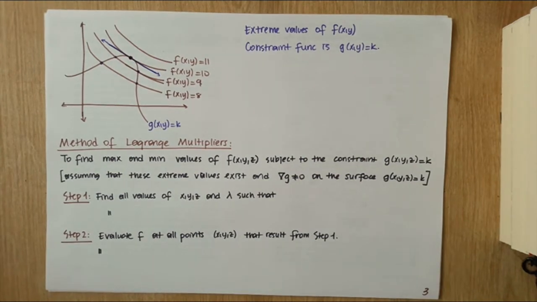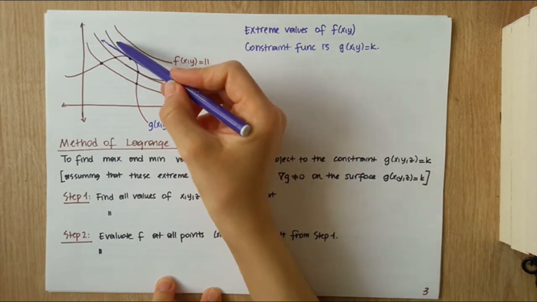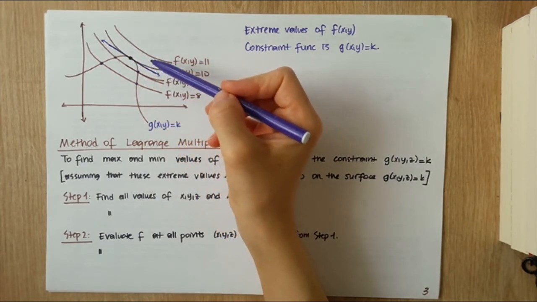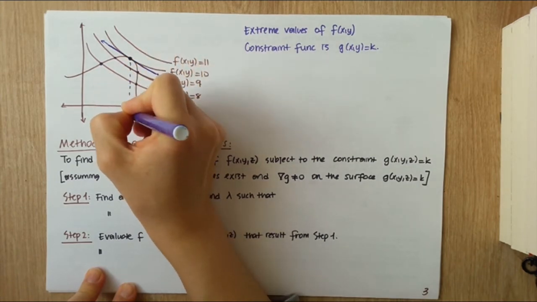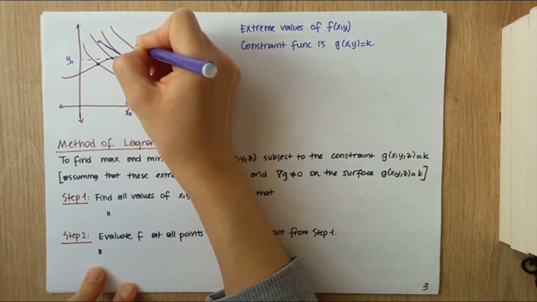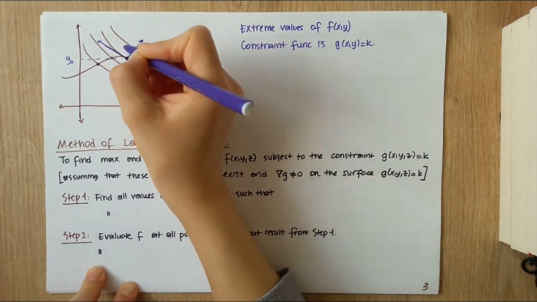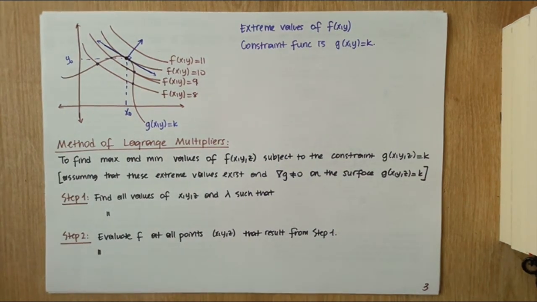Okay, so this means that because the tangent line is common here, if I call this point x0 and y0, the normal line at this point has the same direction vector. Normal lines at the point x0, y0 where they touch are identical. So the gradient vectors are parallel. Why?